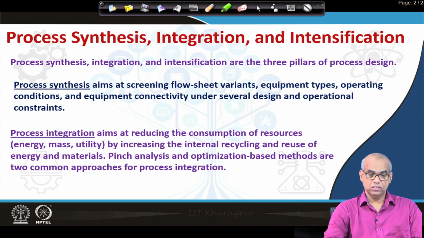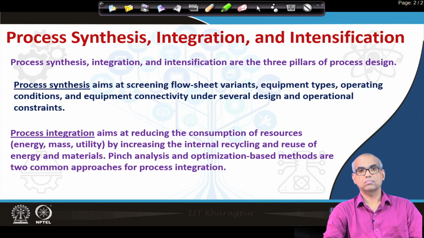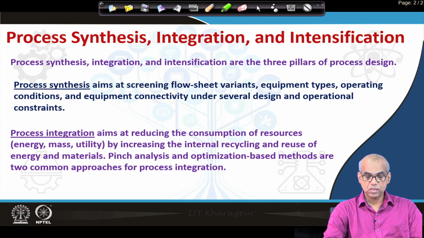Process integration aims at reducing the consumption of resources such as energy, mass, utility by increasing the internal recycling and reuse of energy and materials. Pinch analysis and optimization based methods are two common approaches for process integration.